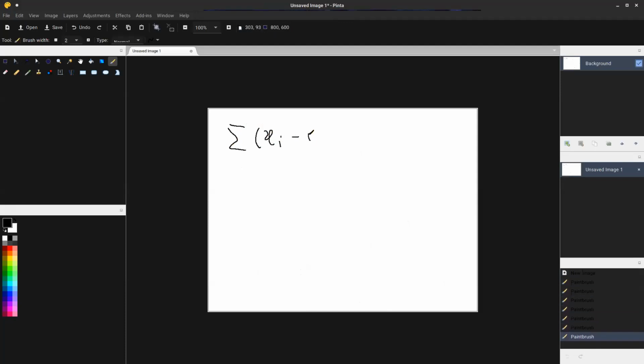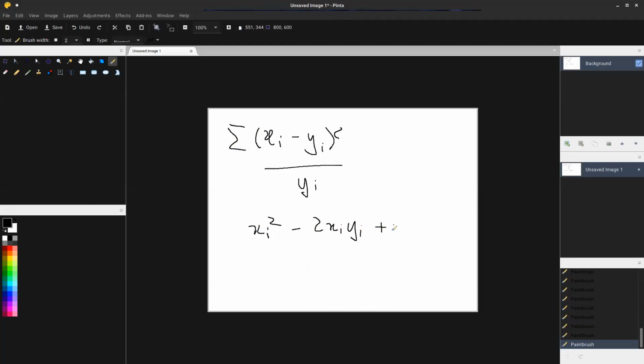We have (xi minus yi) squared divided by yi. Expanding it, we have xi squared minus 2xi yi plus yi squared, divided by yi. So that means we have xi squared divided by yi minus 2xi plus yi.